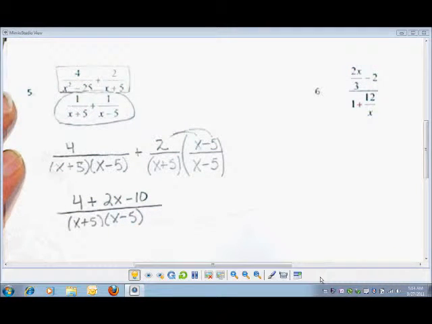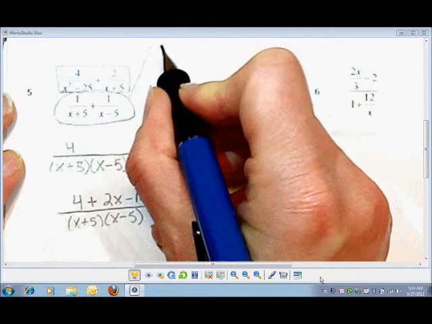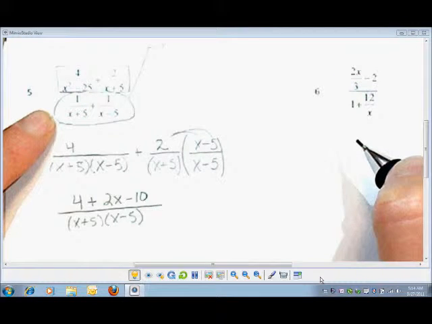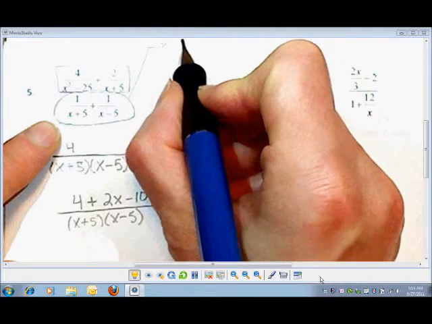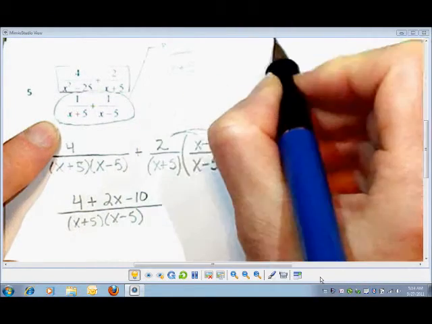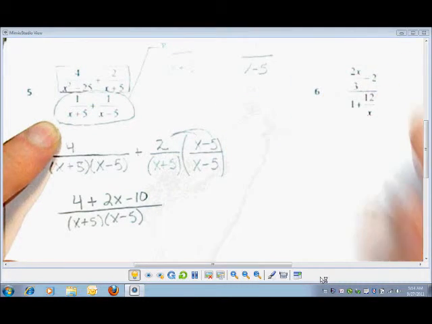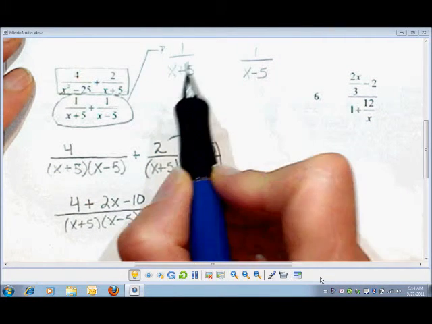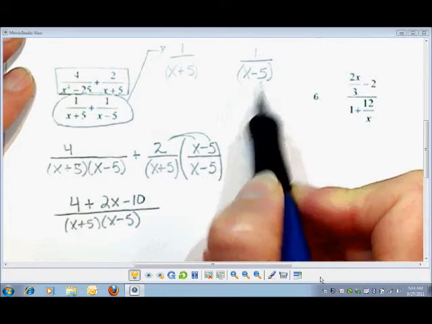So my denominator, I'm going to do up here. I have 1 over x plus 5 plus 1 over x minus 5. I need to ask myself, remember these are binomials, so I'm just going to put this in parentheses so I can help see that those have to stick together.